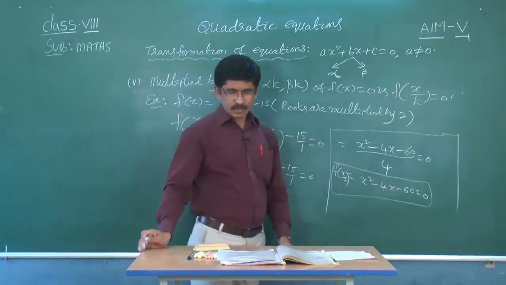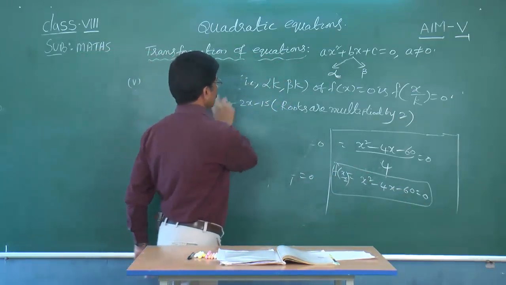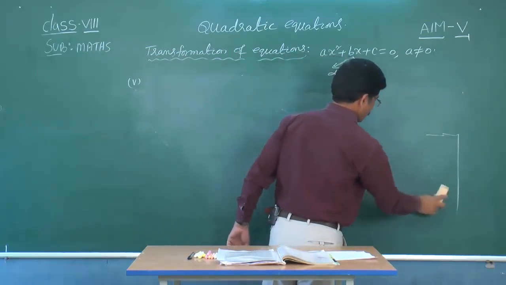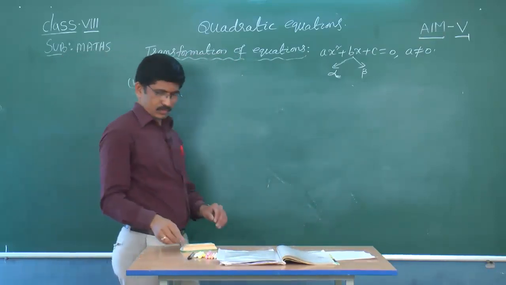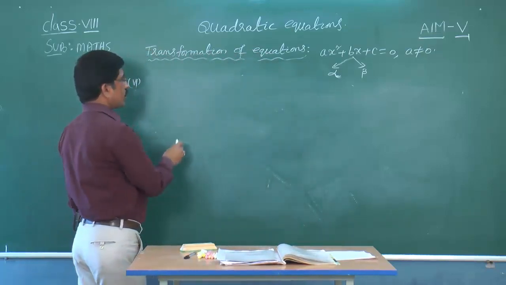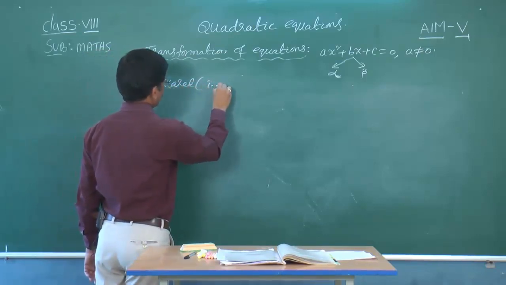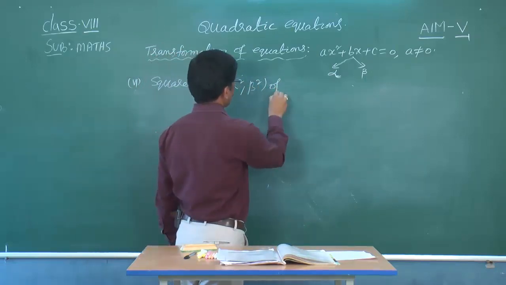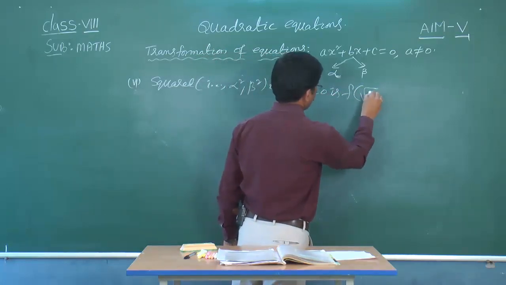Next, the sixth one. The sixth one is squaring. The seventh one is cubing. Sixth one: roots are squared, that is alpha square, beta square of f of x is equal to 0, so we take under the root of x.